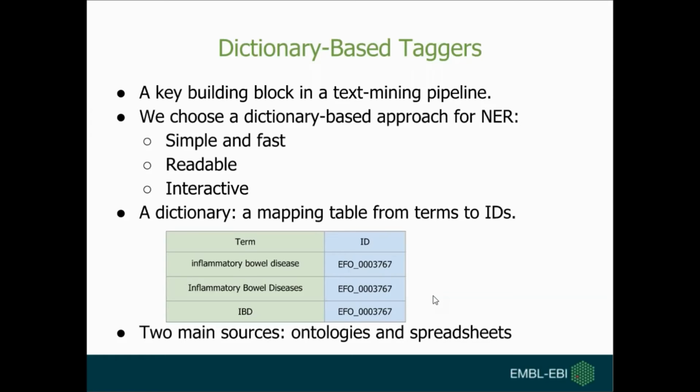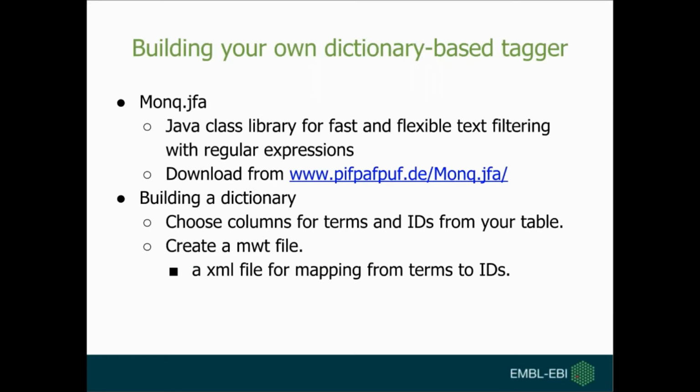In order to build dictionaries, there are many tools, resources, ontologies, and your own spreadsheets. In order to build a dictionary-based tagger, here we will use Monq.jfa, which is a Java class library for fast and flexible text filtering with regular expressions. You can download this program from the following URL.